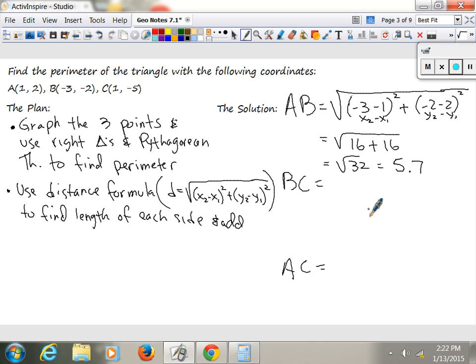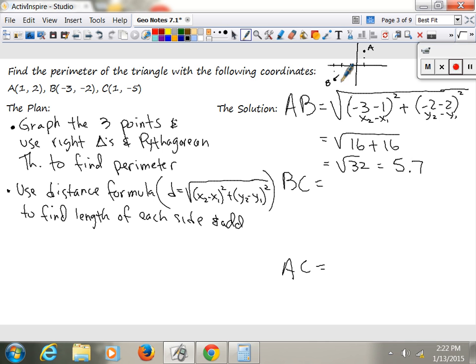I just want to show you something. You don't have to write this on your paper. I just want you to look at this. I want to show you if I graphed it, and I did the first point at 1, 2. That was point A. And the second point was -3, -2.